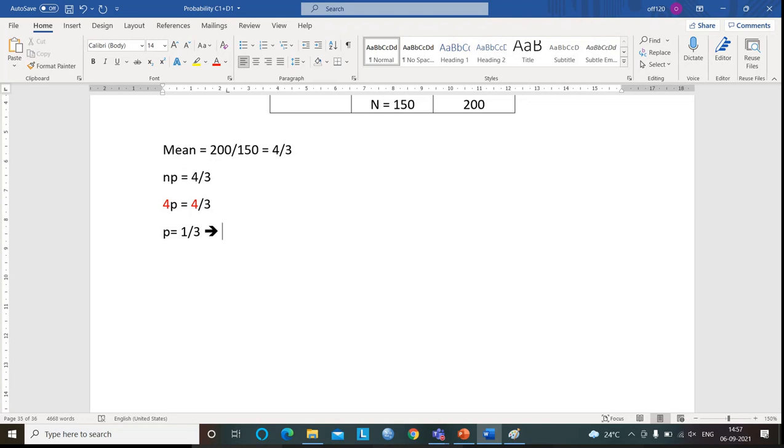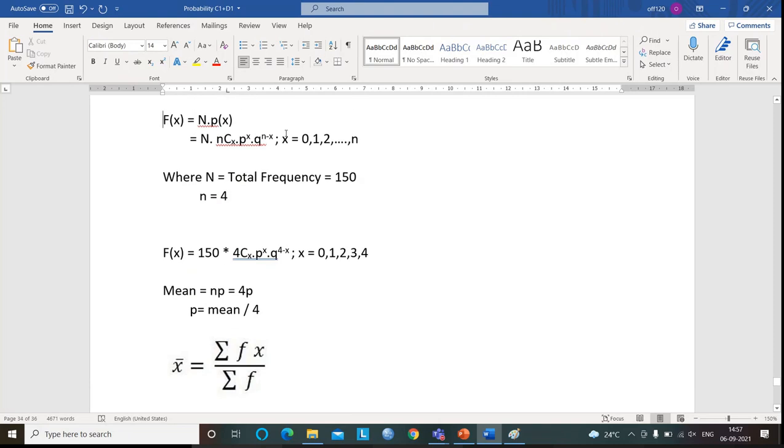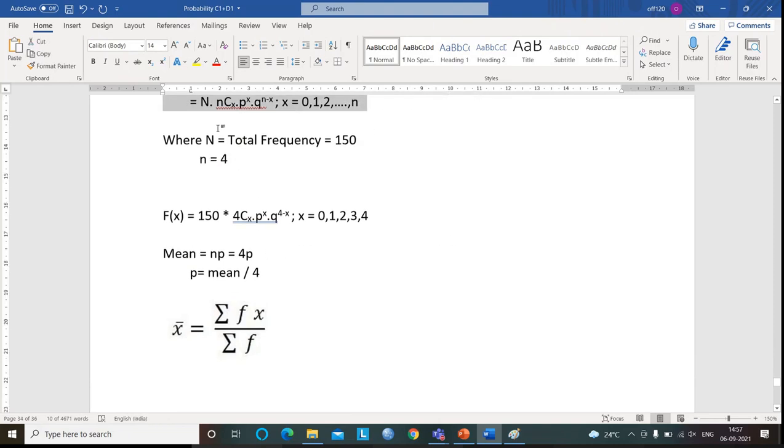That implies immediately, what is the value of Q? Q is equal to 1 minus 1 by 3. That is equal to, we get the answer as 2 by 3. Just what did I do till now here? To find out expected frequency, there is some formula. To find out that expected frequency, I have substituted the values which I know.